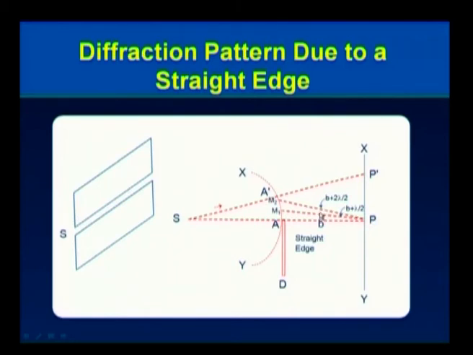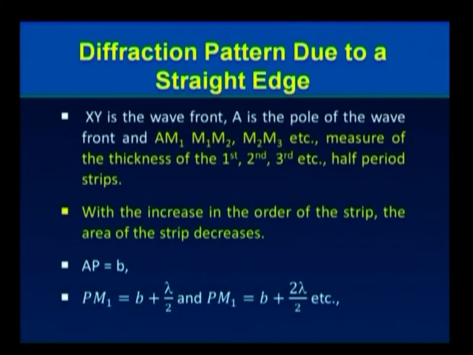They cut the wave front and they result in the half period zones, and the light coming from the half period zones along with the obliquity factor, both of them should be taken into account. Whether you have odd number of zones or even number of zones, with these things in mind, we have to calculate the intensity at a given point.